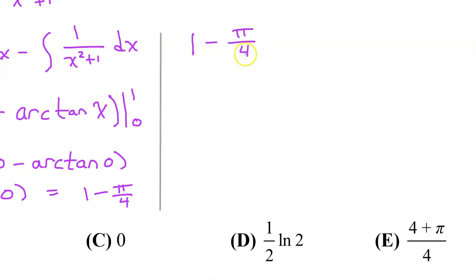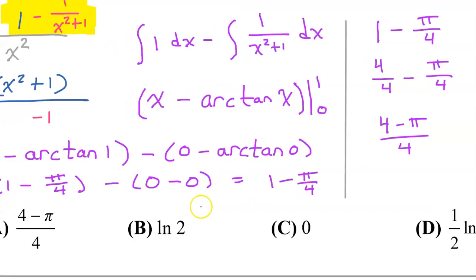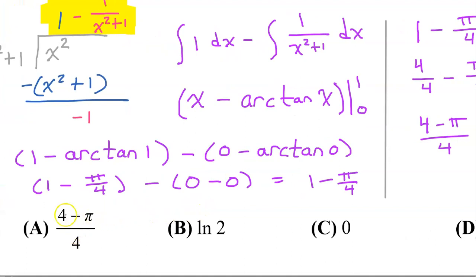To make like denominators, we will replace the number 1 with 4 over 4. So we have 4 over 4 minus pi over 4, which means that we have 4 minus pi over 4. Let's look again. Oh, look, there it is. So the answer is A.